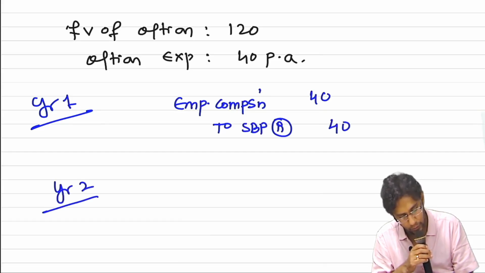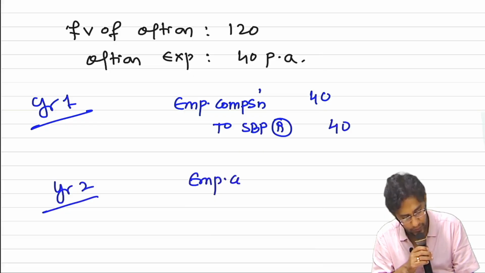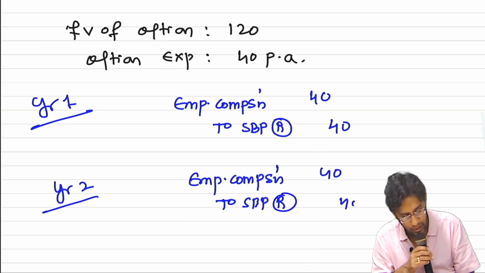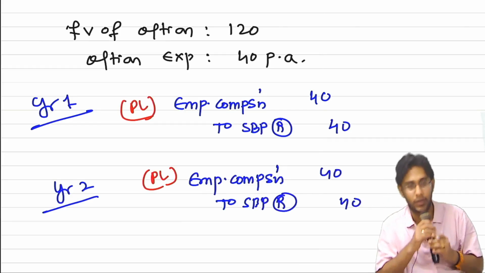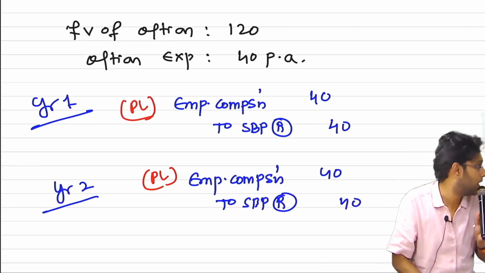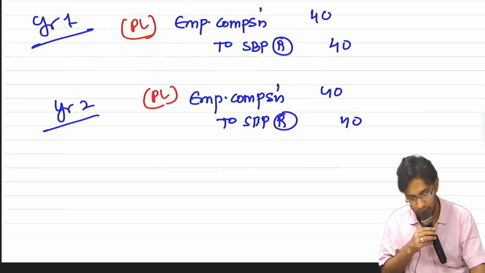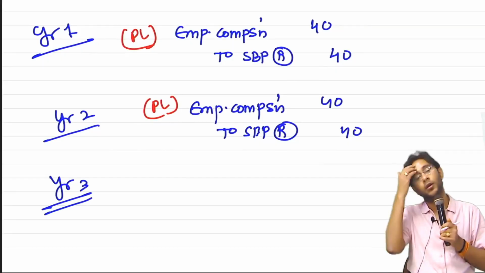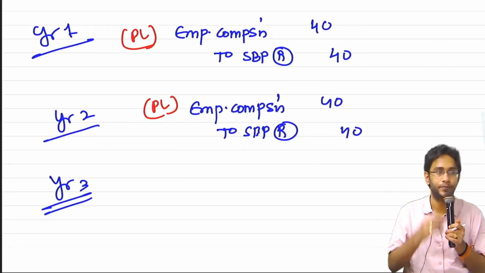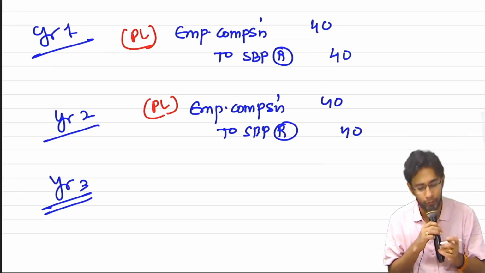When I am in year 2, I also wrote the same entry: employee compensation to SBP reserve, 40. And where is this compensation going? It is transferred to the P&L account. Expense booked, and correspondingly the reserve we are creating. Now you are in year 3. Watch carefully. In year 3, you understood that the options are not vested.